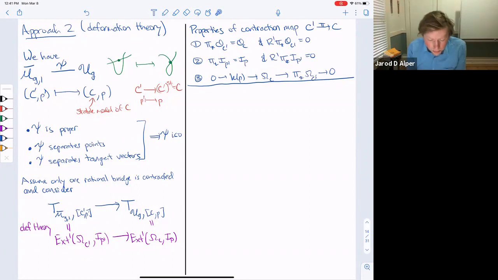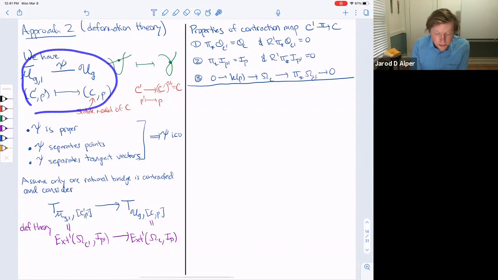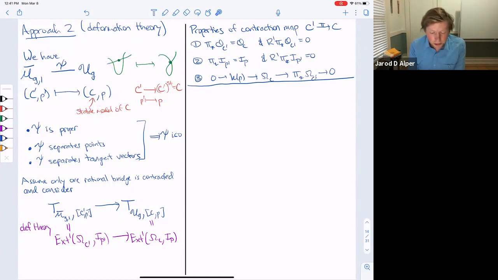Okay, so we're in the setting like we were before. We have a morphism, M_{g,1} bar to U_g, which contracts rational bridges like shown in green. Let (C', P') be your stable one-pointed family, and then (C, P) is your stable model, where you contract the rational bridge.